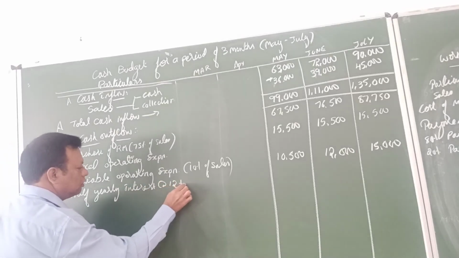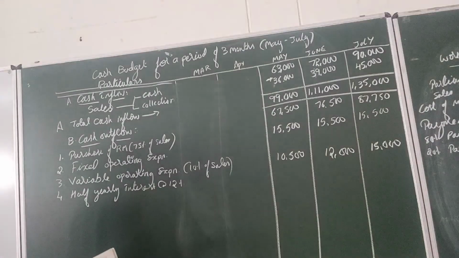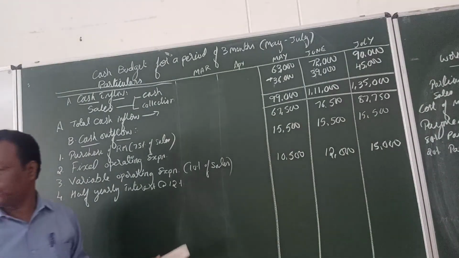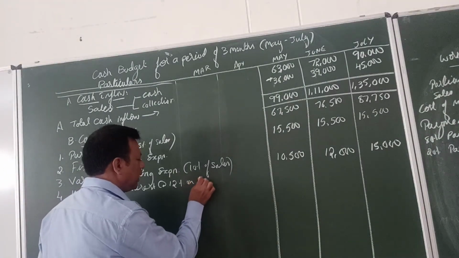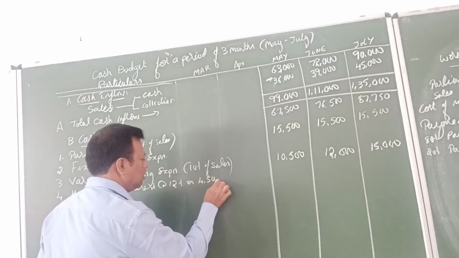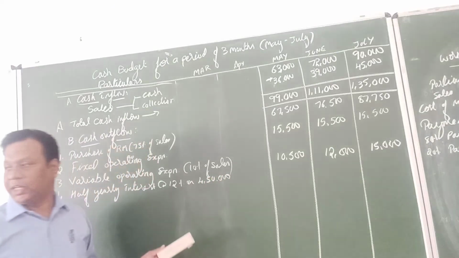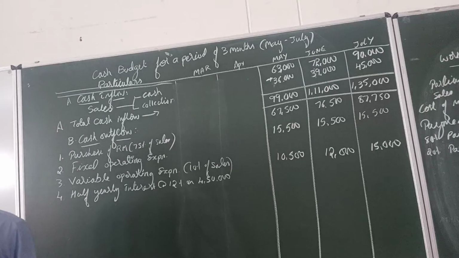You have to calculate 12% of 4,50,000 divided by 2 because it is half yearly, not yearly. Correct? So working note is 4,50,000.